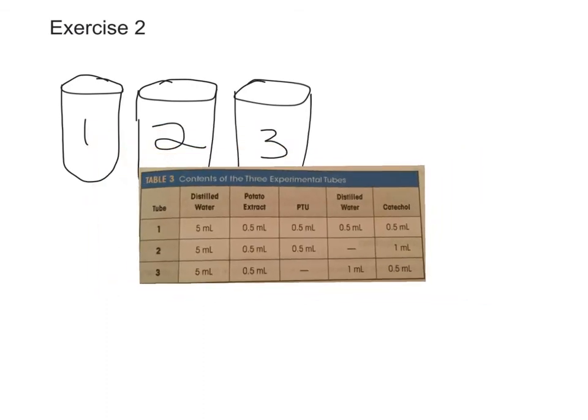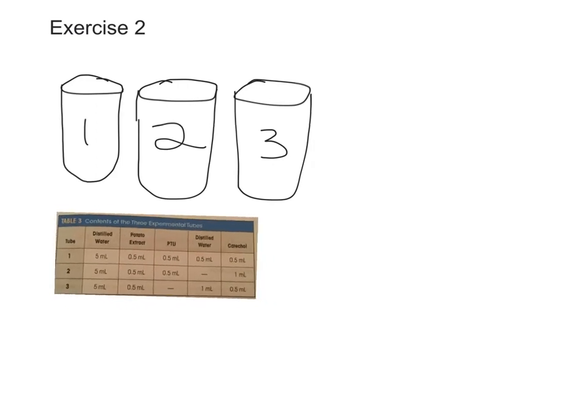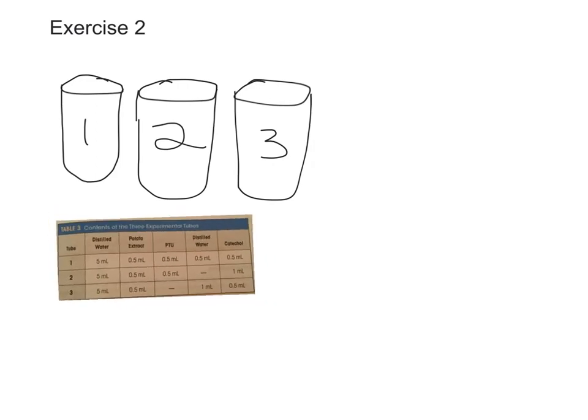All right, so here we have our table of contents. Let's take a look here. So test tube number 1, and we've got our 5 milliliters of distilled water in all. All the actual amounts are going to be equal in all 3 test tubes. So test tube number 1 has our distilled water, it's got our potato extract, it's got our PTU, more distilled water, and our catechol.